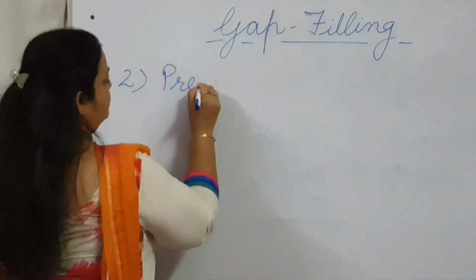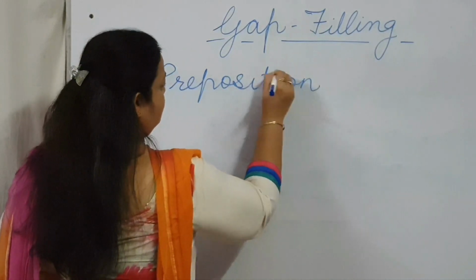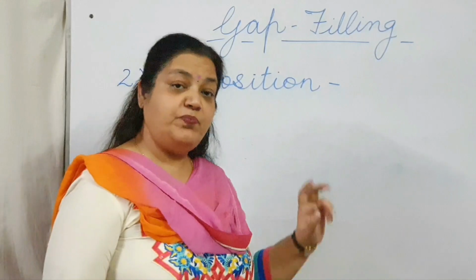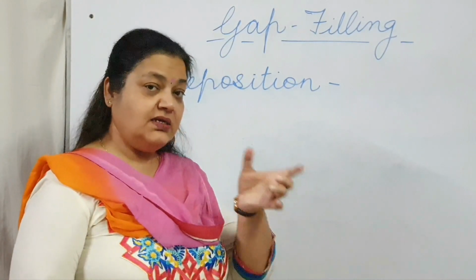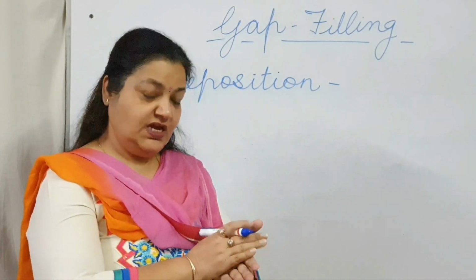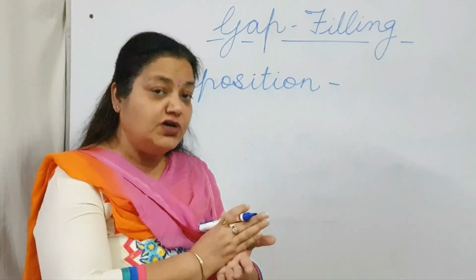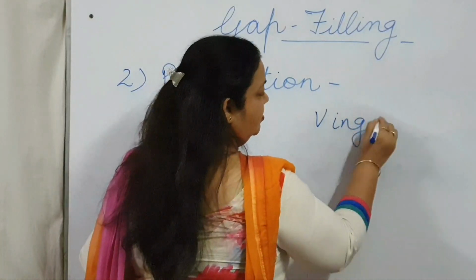The second point to be noted is that if the gap is filled by a preposition, then the blank should be before a noun word. Or if it is preceding a verb, then the verb will be in ing form.